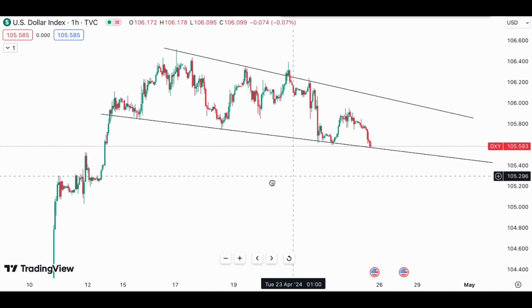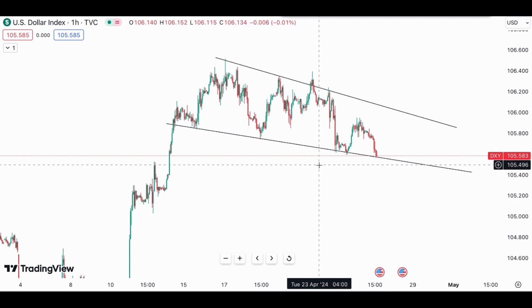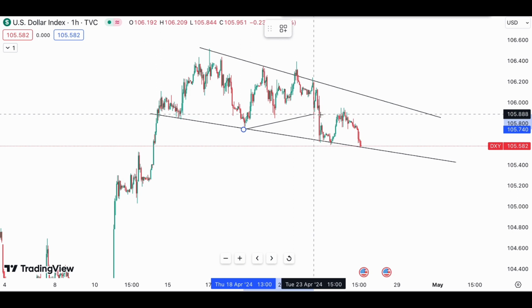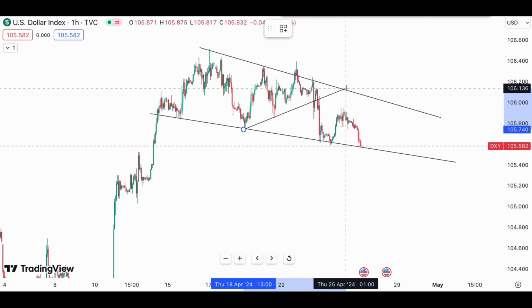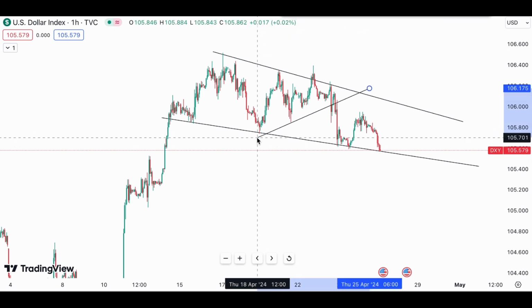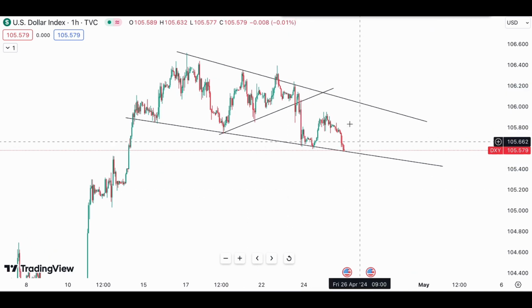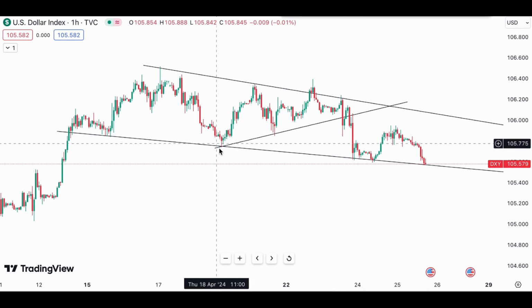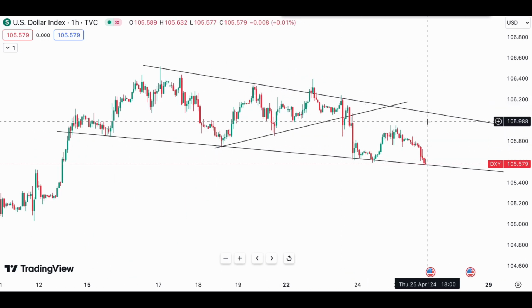But in H1, what do we have? In H1, right here, I found another chart pattern. This is another triangle chart pattern, where the price had the breakout.